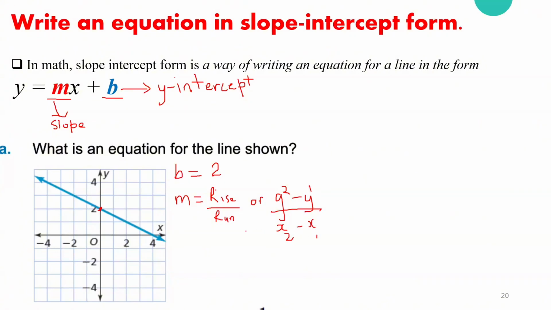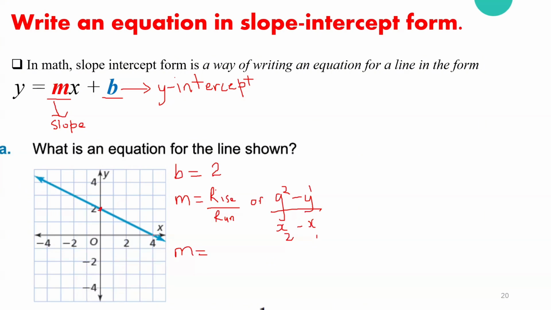So we are going to use both ways to find m, right? Because whichever way you choose, the value for m should be the same. So again, when you're using rise over run, you just need to choose 2 points on the graph and say how much you rise or how much you run to get from one point to the other.